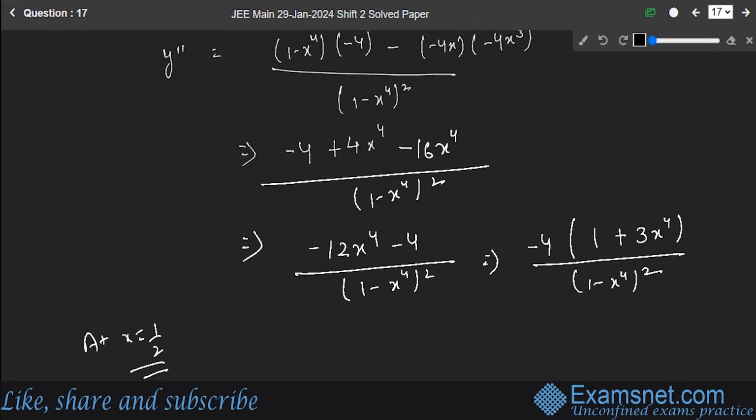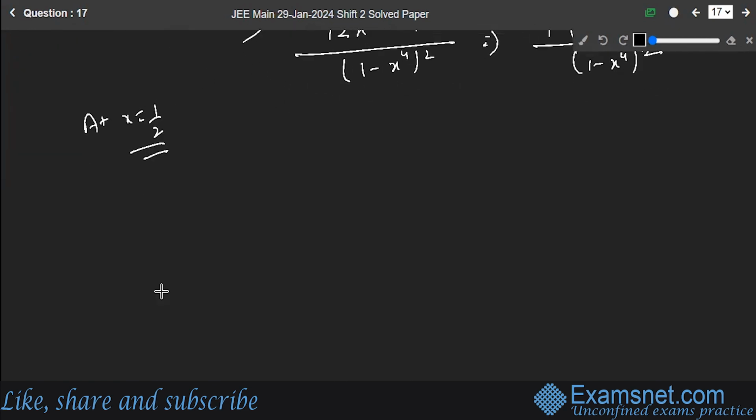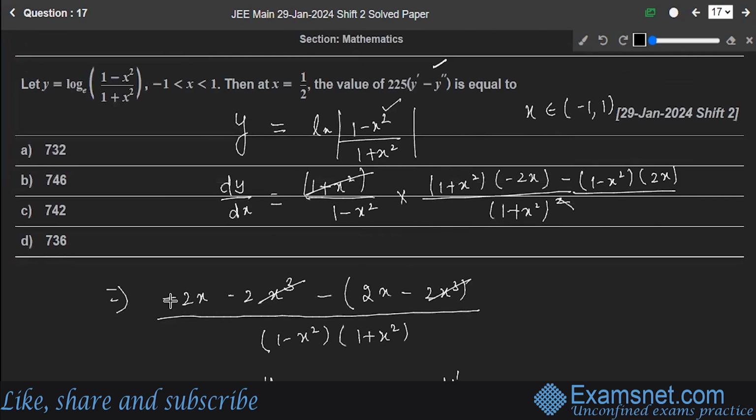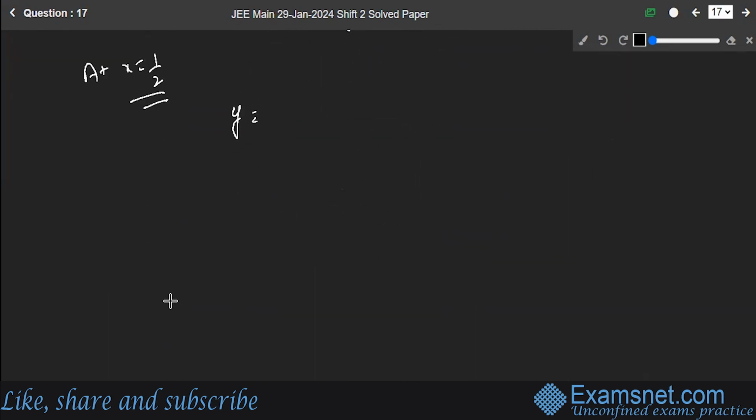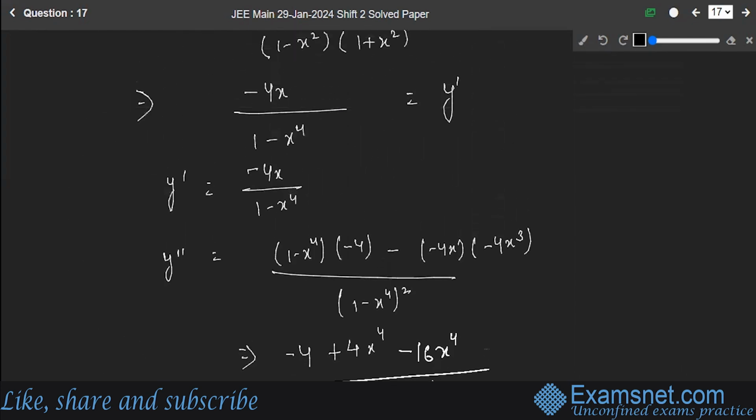Now, at x is equal to 1 by 2, you have to find out the value of this expression: 225 into y dash minus y double dash. 225 y dash, what was y dash?